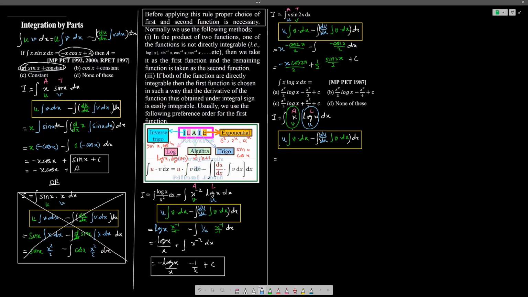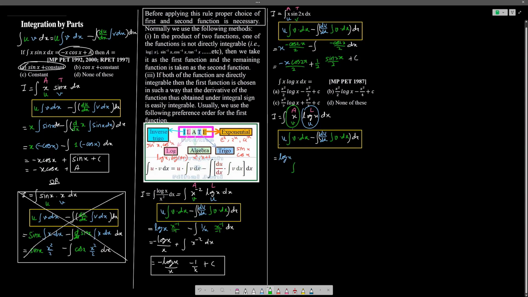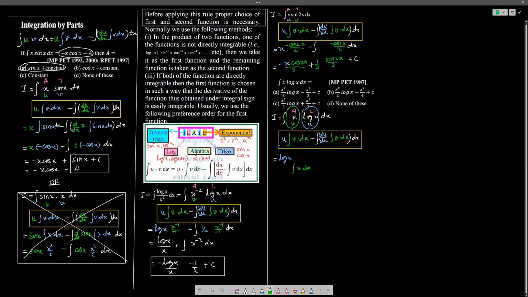In the first term, u as it is, integration of x, which is x square by 2, minus integration of the product of differentiation of u, which is 1 by x, and integration of v, which will be x square by 2.